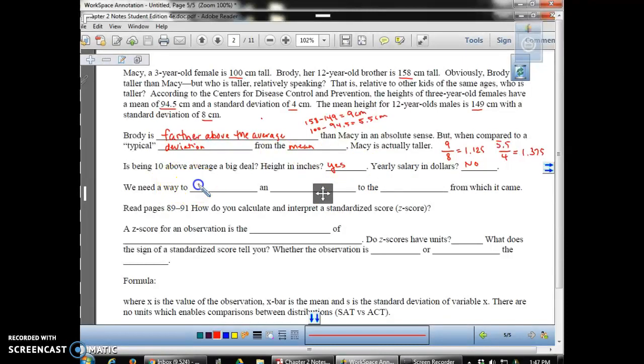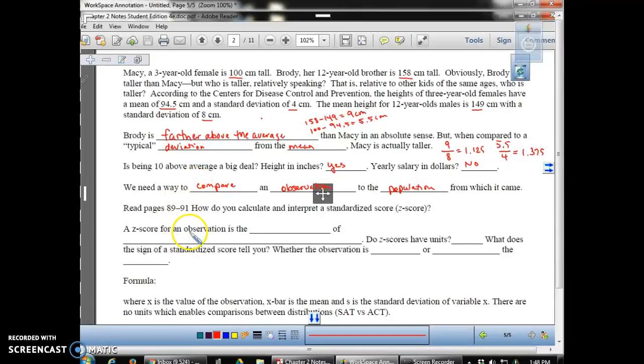That's what we'd be looking at. So we need a way to compare an observation to the population from which it came. So that is what we're going to use a z-score for.